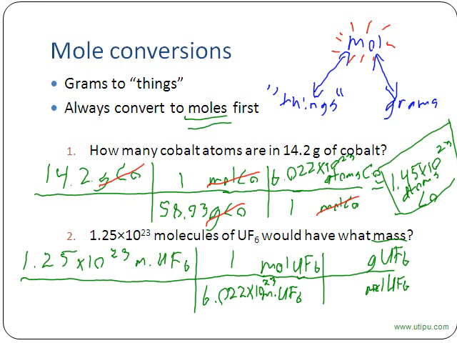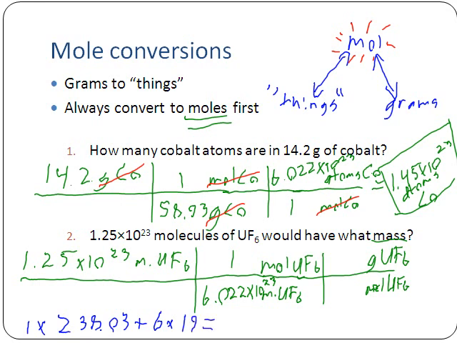Well, this has 1 uranium. So we'd say 1 times the mass of uranium. Uranium, looking this up, is 238.03. And we're going to add that to how many fluorines do we have? We have 6. So 6 times the mass of fluorine, which is 18.998. That just rounds to 19.